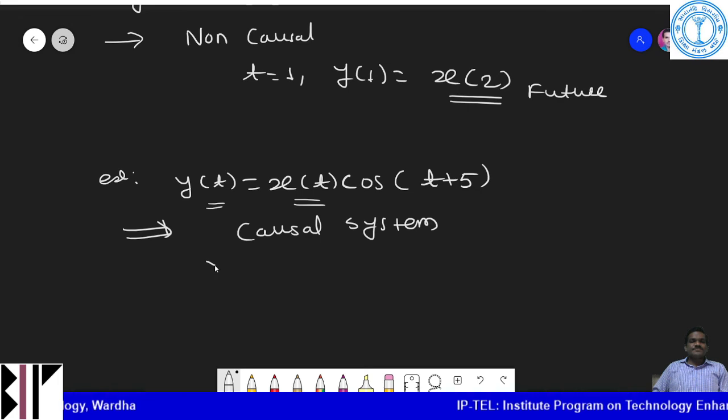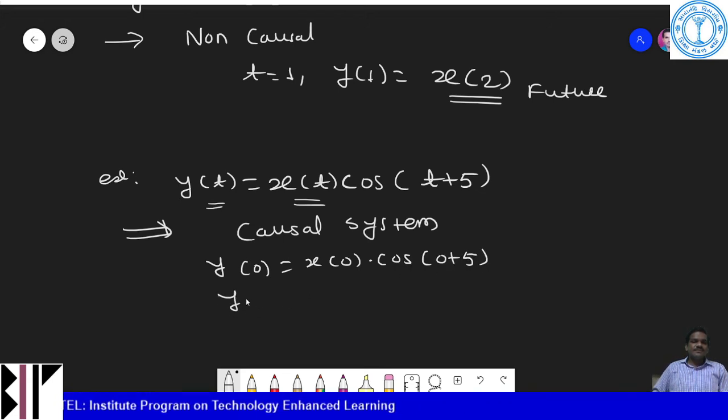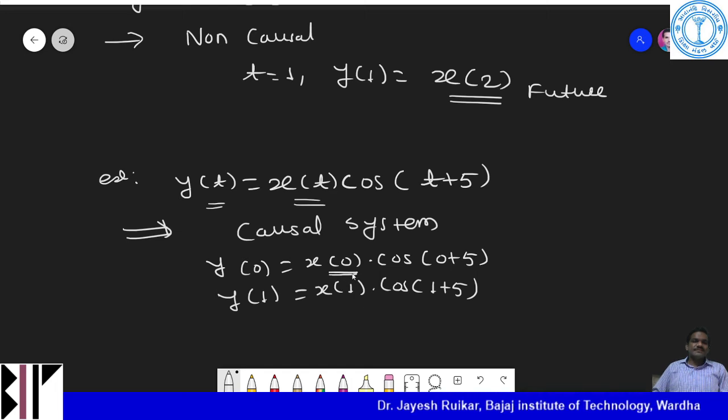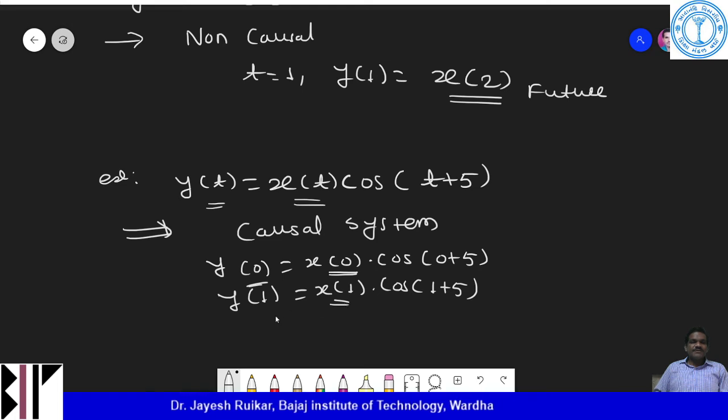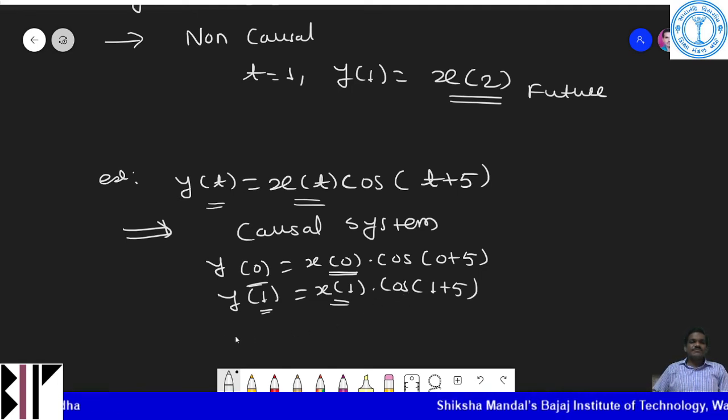So I will rewrite it as y(0) = x(0) cos(0) + 5, and y(1) = x(1) cos(1) + 5. You can see that at the present input you get the output; it depends only on the present input and not on the future input.